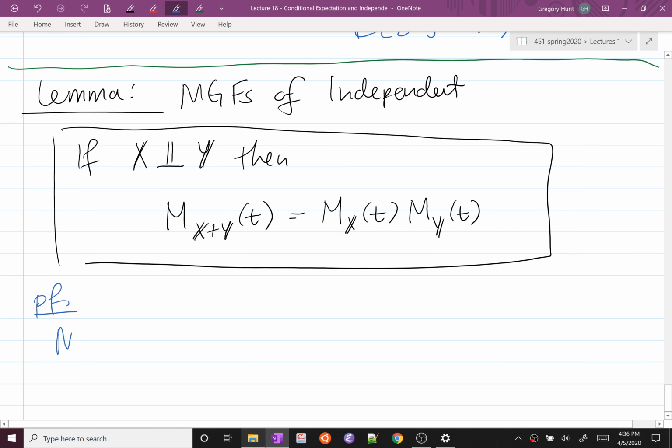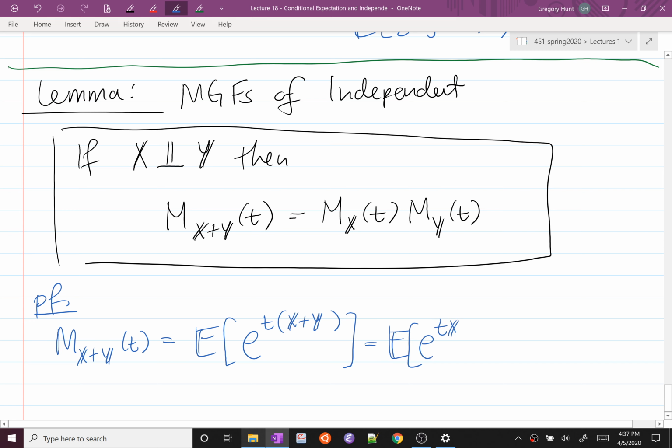The proof is really short. The MGF of x plus y at t is the expected value of e to the t(x plus y). Properties of exponents say this is the expected value of e to the tx times e to the ty.